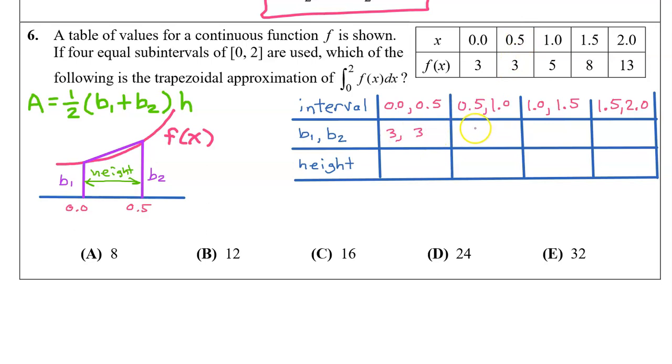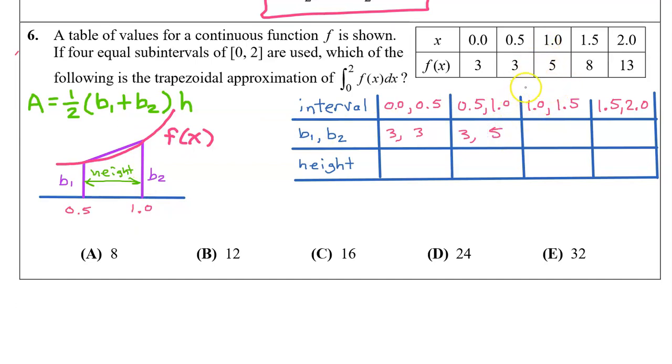Moving on to the second interval, base 1 will be the value of the function at 0.5. That's 3. Base 2 will be the value of the function at 1.0, and that is 5.